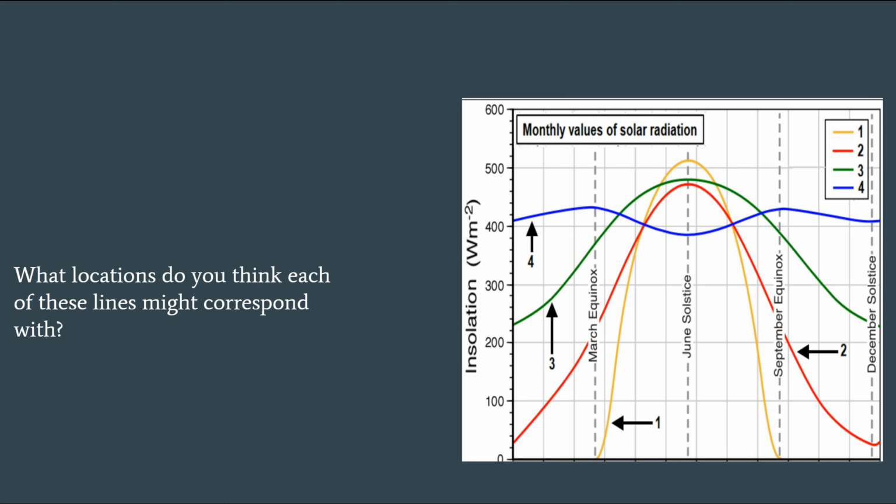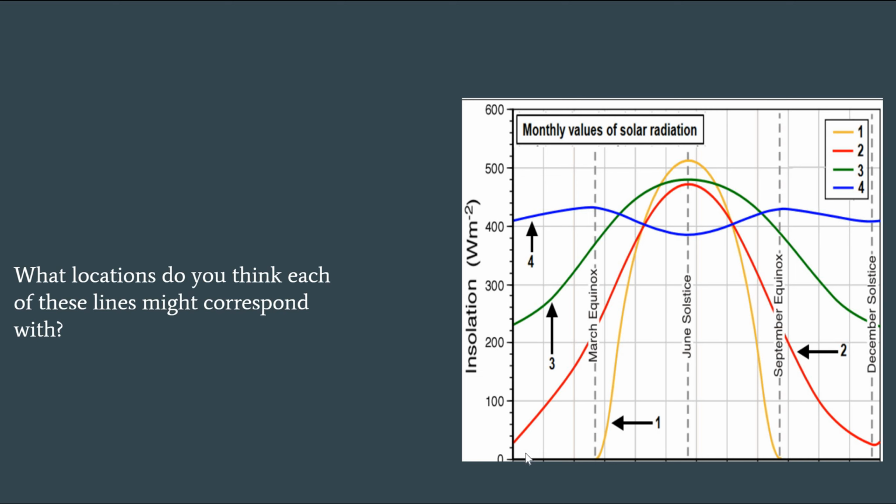Okay, so starting with number one, we can see that from December or January till March there's no insolation, and then from March it steadily rises until June, where it peaks, and then comes back down again in September. From September to December, there is no insolation. So we can probably guess that this is somewhere in the Arctic region, right?